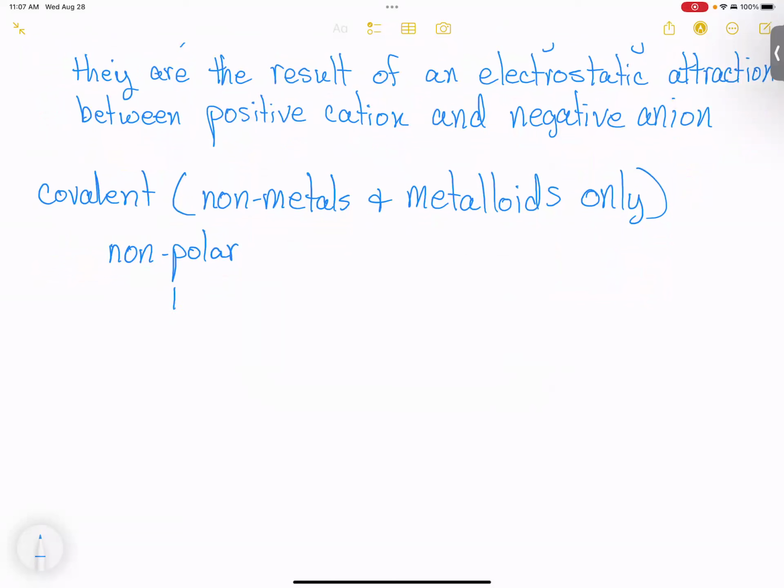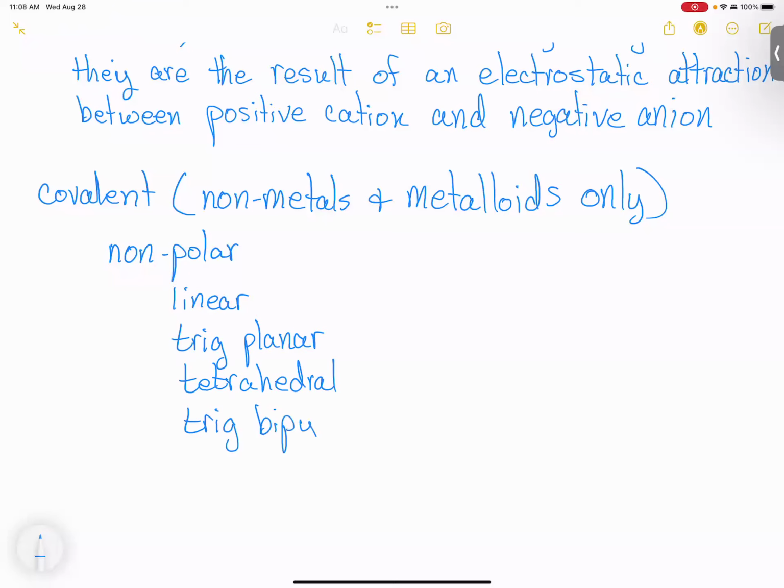Nonpolar compounds include linear compounds, trigonal planar compounds, tetrahedral, trigonal bipyramidal, and octahedral, with a specific caveat that all outer atoms are identical.